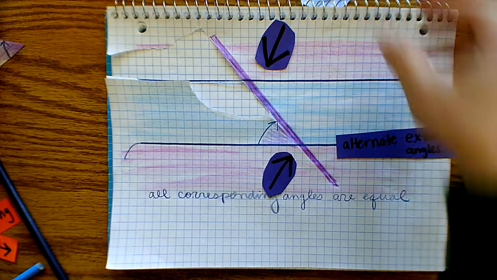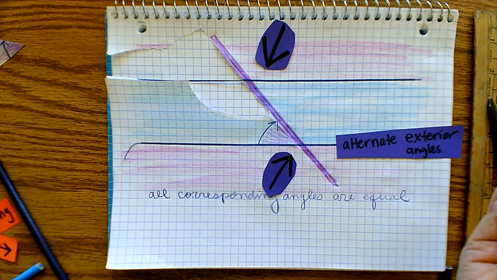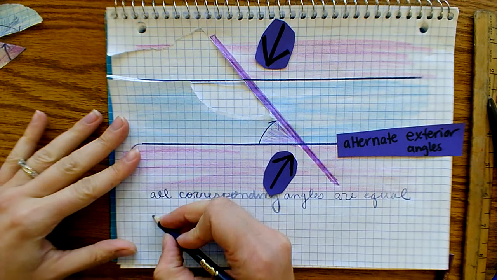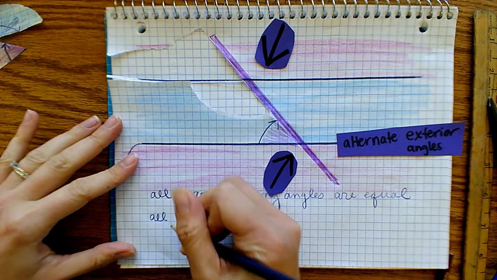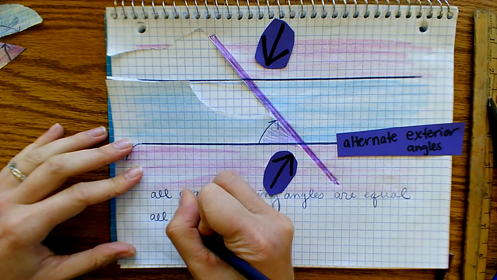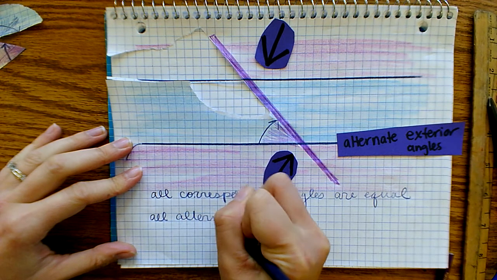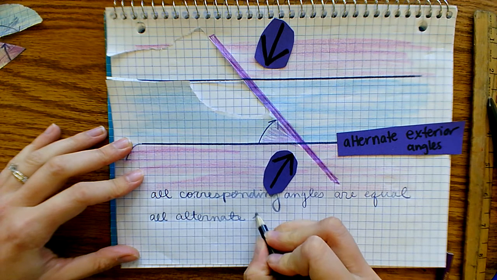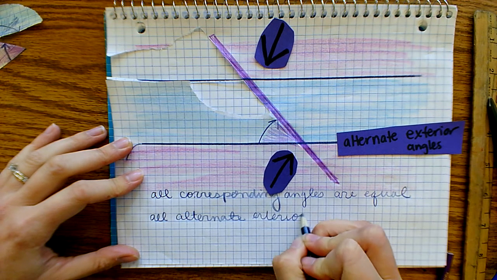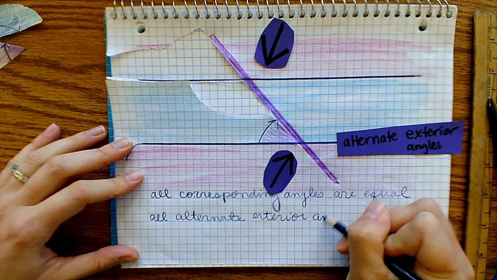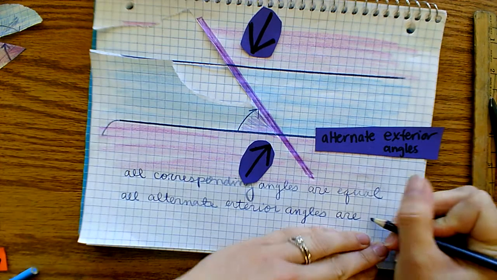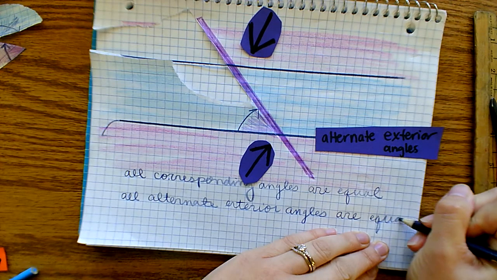So what did we find with those? Well, they're equal. So I can also write all alternate exterior angles are equal.